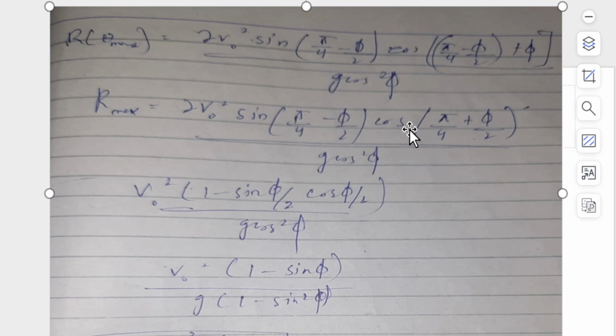Cos pi over 4 is equal to 0, and cos theta over 2 remains the same. So this is the value, and when we close this formula, we will get sine phi. Cos theta is equal to this: 1 minus sine squared phi.